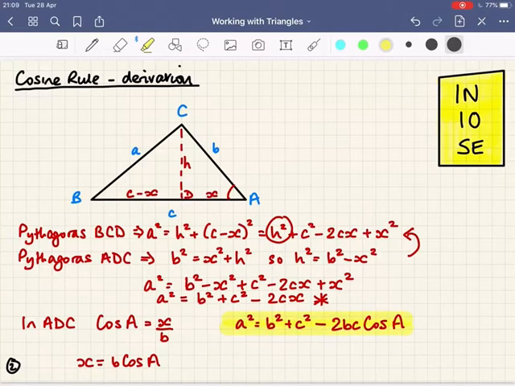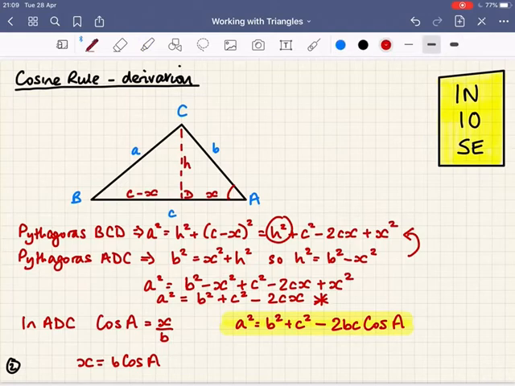So now, if I've got lengths b and c and an angle that is included, which is cosine A, I can work out the length of the other side, a squared. So there is my derivation of the cosine rule.